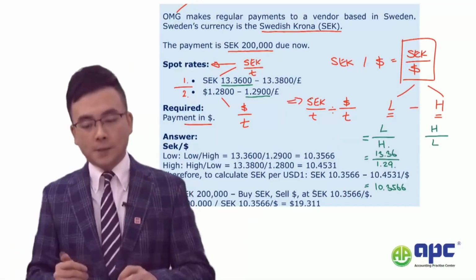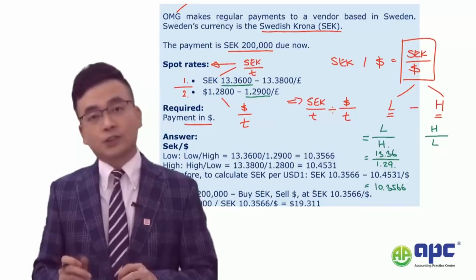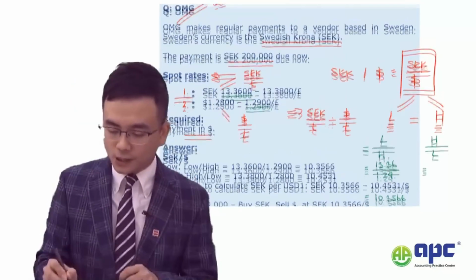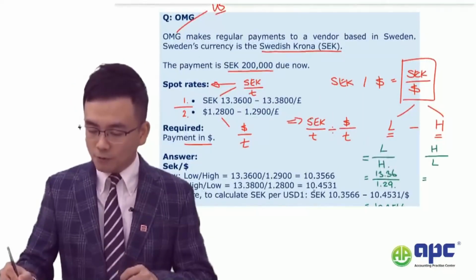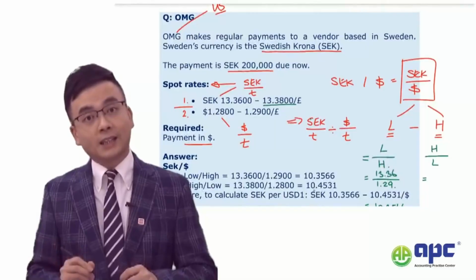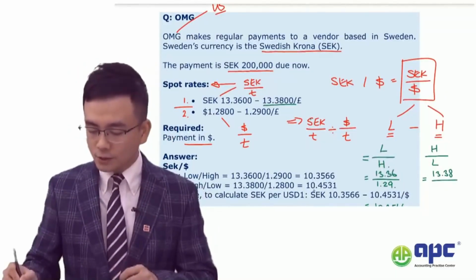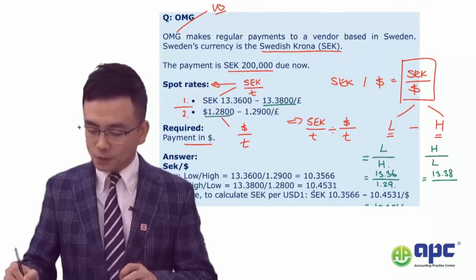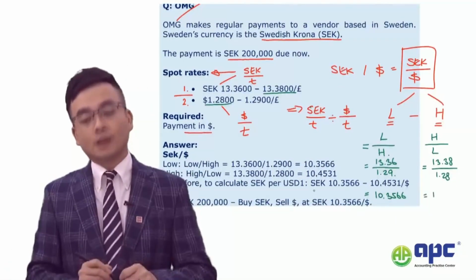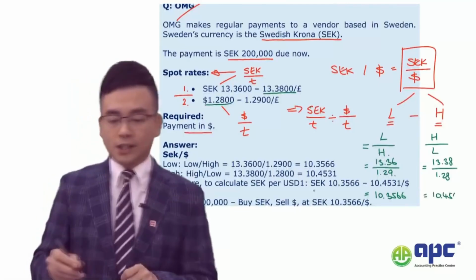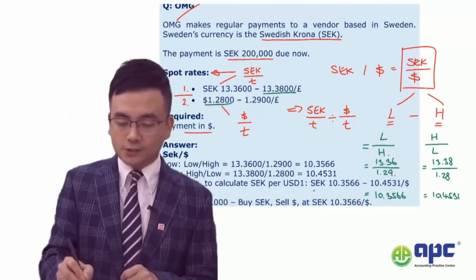Now the first line, which is higher, right hand side, is 13.38. The second line, which is lower, is 1.28. So if that's the case, then that becomes 10.4531.